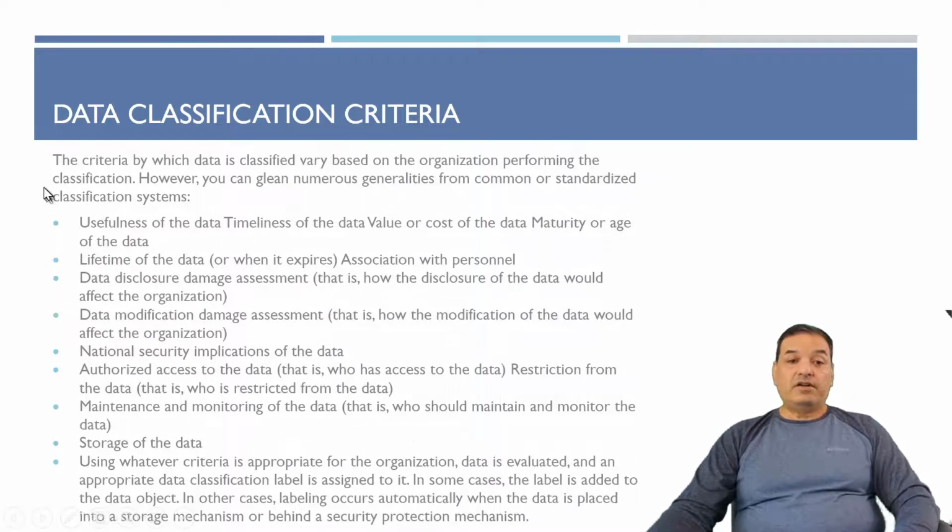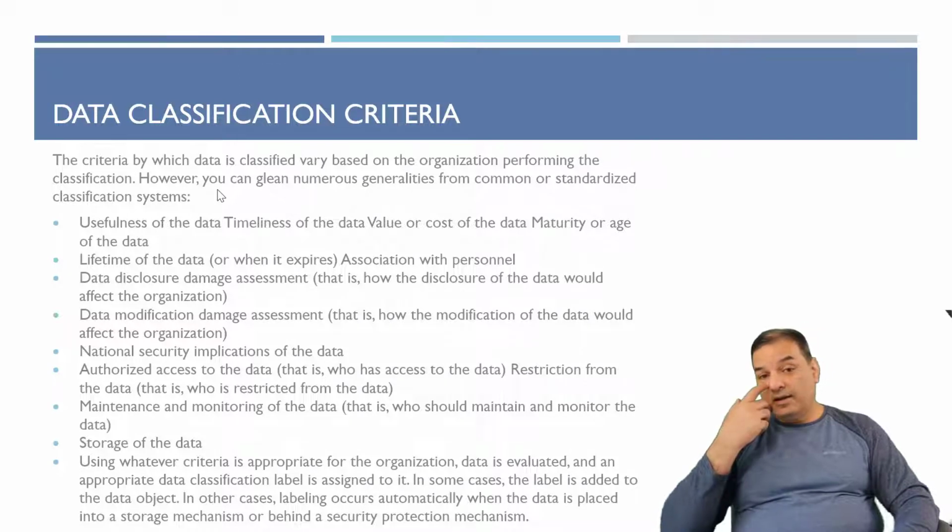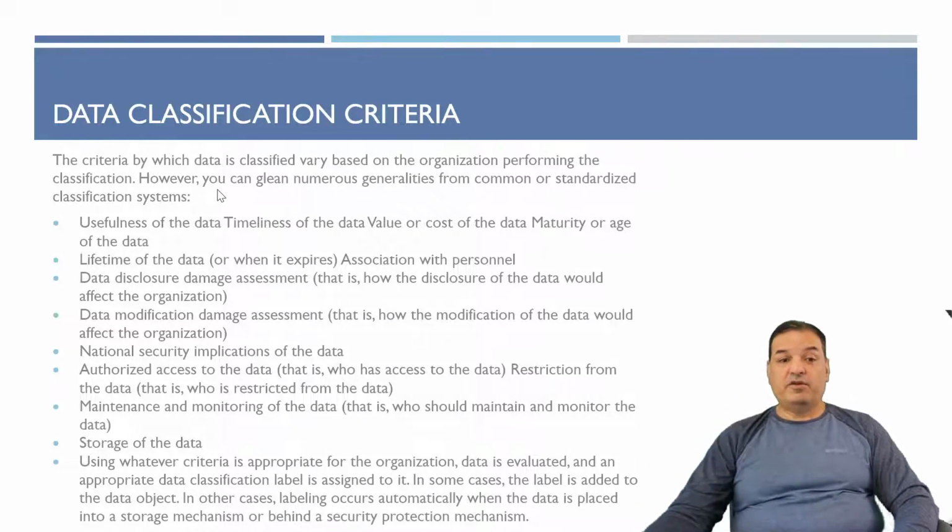So there are criteria that are employed in data classification, and they vary from organization to organization based on the needs of the organization. But there are certain generalized principles that you can obtain from the common or standardized data classification system.